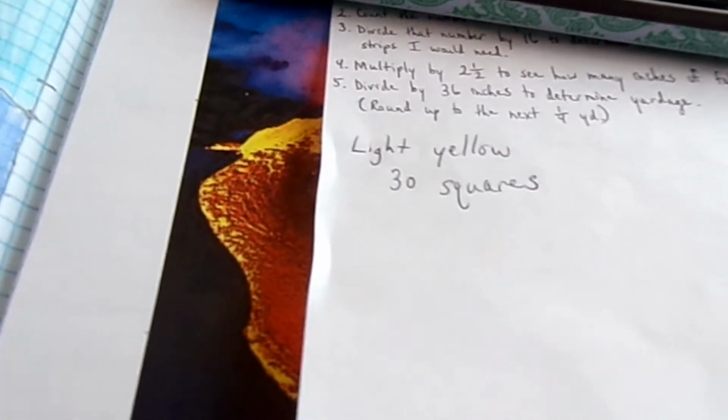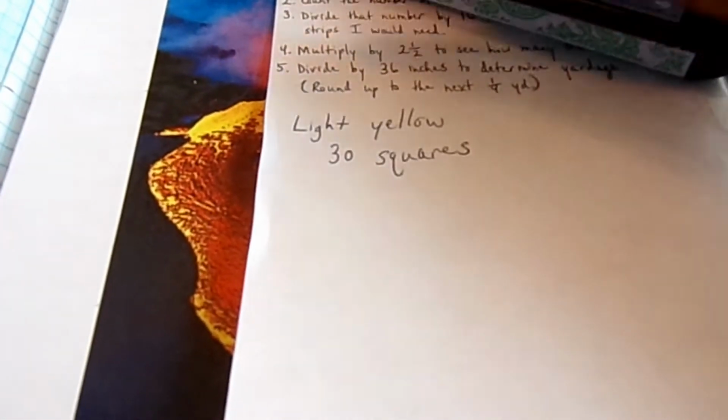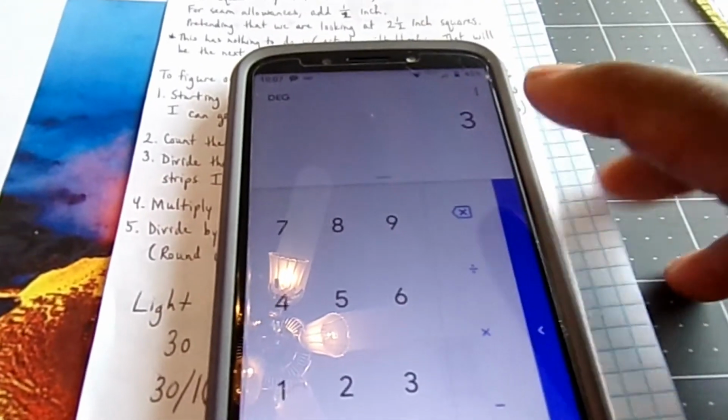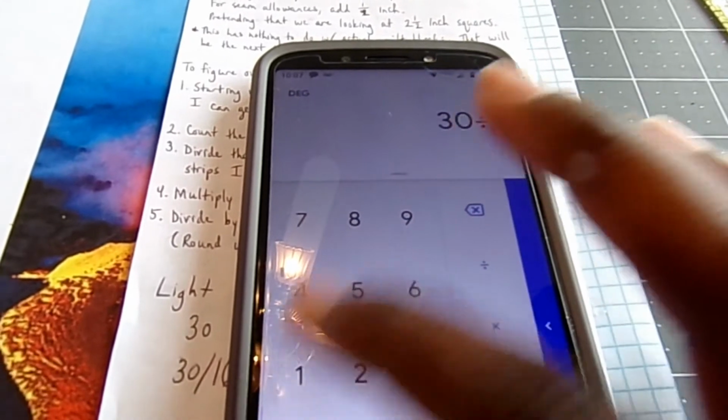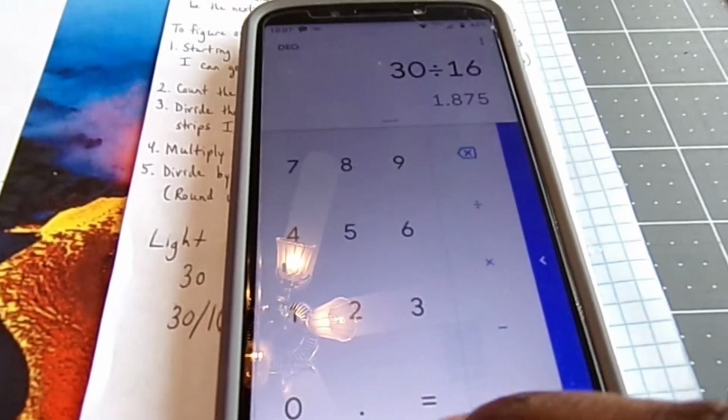Okay. Now I know that I'm going to get 16 squares out of each strip. So to get the number of strips, I would divide 30 by 16. Here's 30. And of course, I already know that it's going to be 2 strips, but just for the sake of working it out.